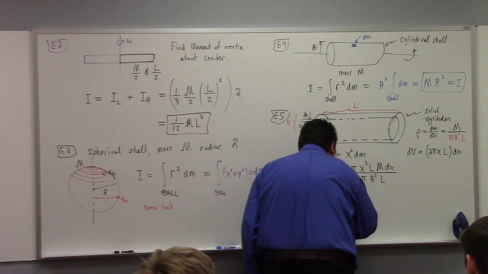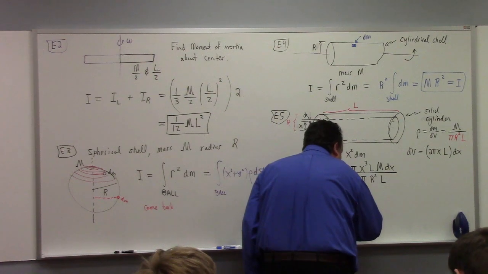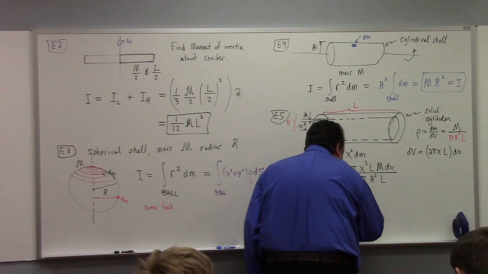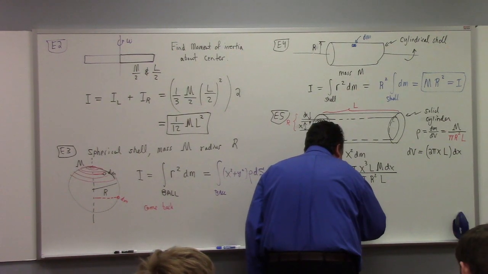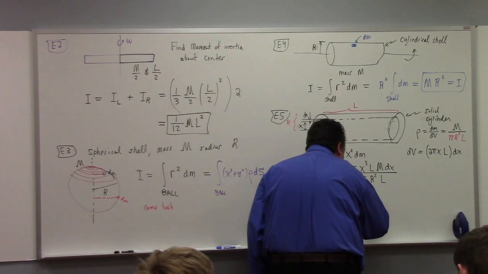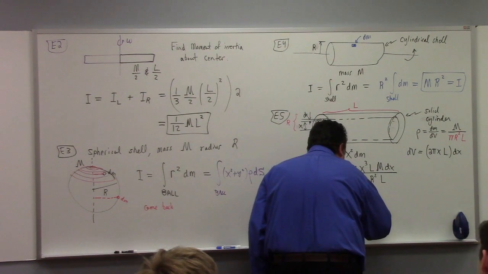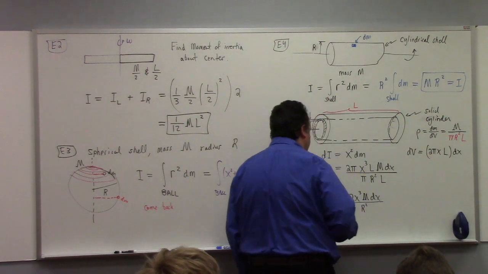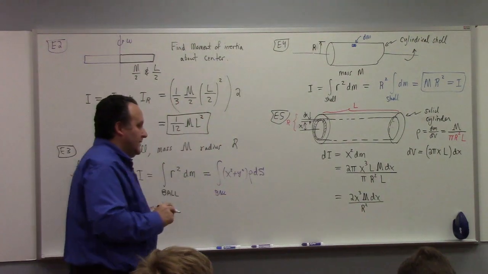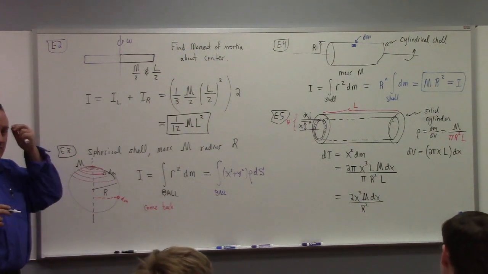The pi's cancel, right? And so what I've got is 2x cubed m dx over r squared. So that's just the bit of inertia from that one shell.